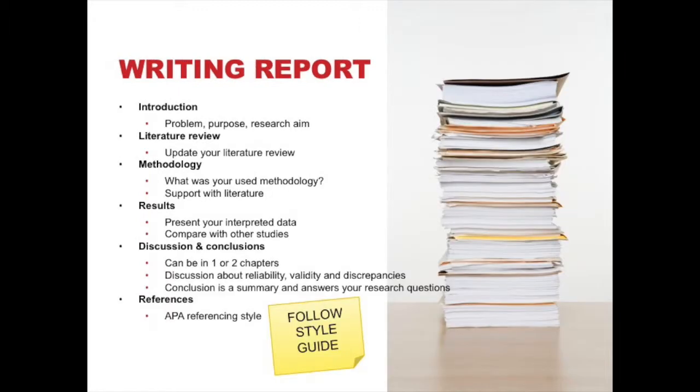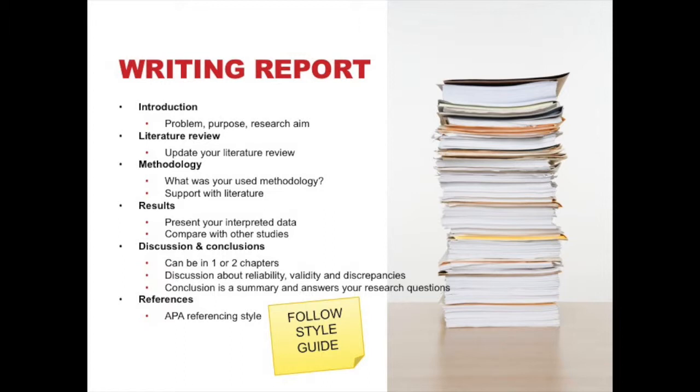So to summarize, you write the article, the report, starting with an introduction where you state the problem, the purpose, and the research aim. You give a literature review in which you have an updated version of your literature review. You have a methodology section. You explain the methodology used and you support this where possible with literature.